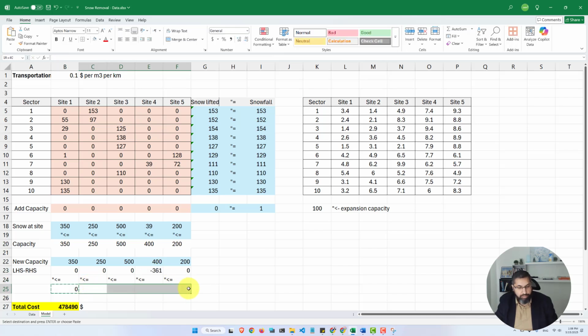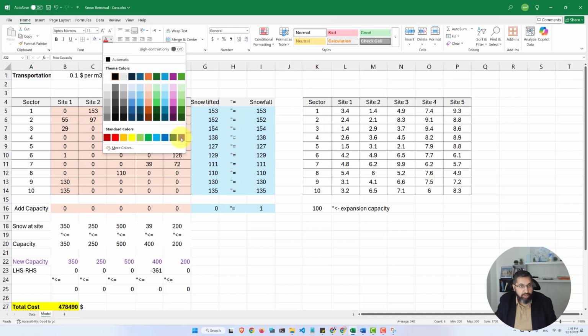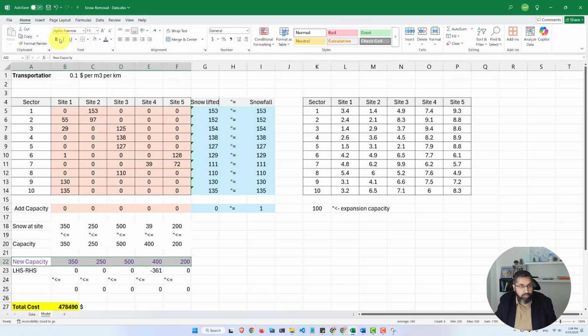And my new capacity, all of this is not a constraint. Although my new capacity is an important variable, so I'm going to color it purple bold, but this is my constraint.